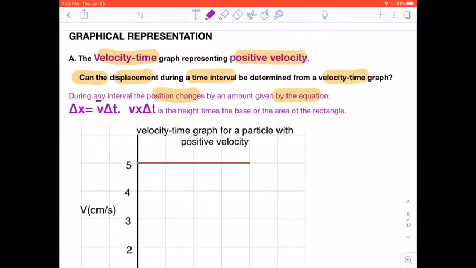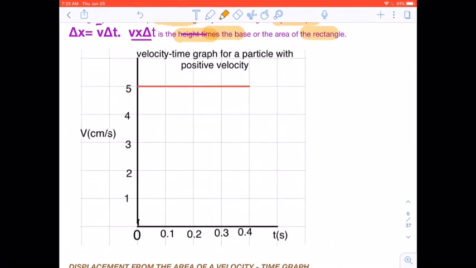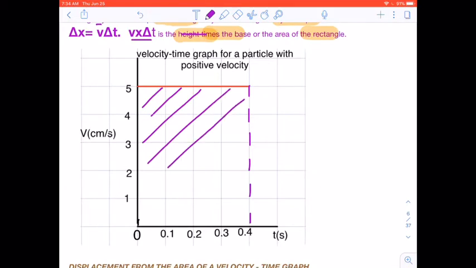So here, change in x is equal to v change in t. And you can see v change in t is actually the height times the base, or the area of the rectangle. So if we want the displacement from a velocity time graph, we get the area underneath that line. So we need to determine the area.